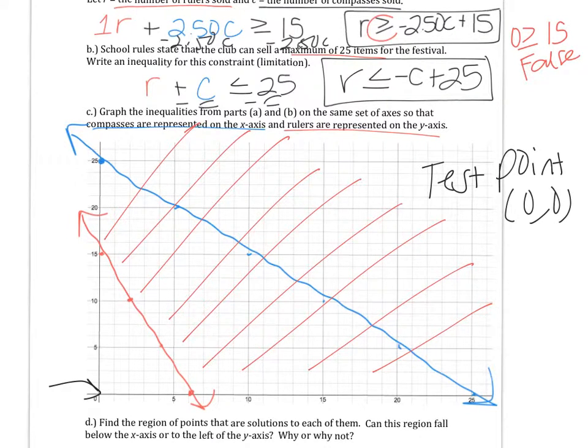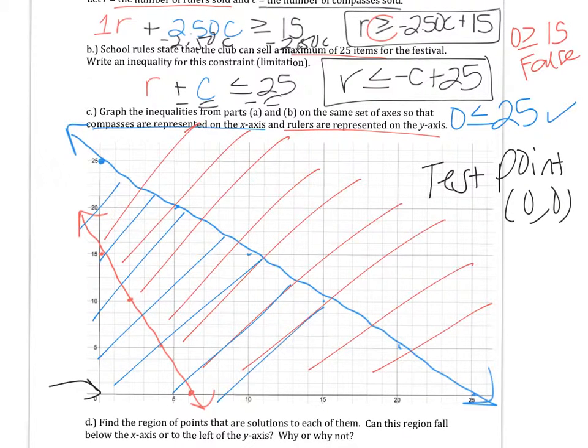And then I'm going to plug 0 back into my other inequality. So 0 is less than or equal to 25, which is true. Since that is true for my blue line, and that points to the left, I will shade to the left. I'm using two different colors to see where they're overlapping because we're looking for the region that's going to represent both.